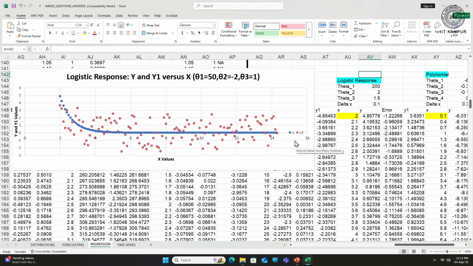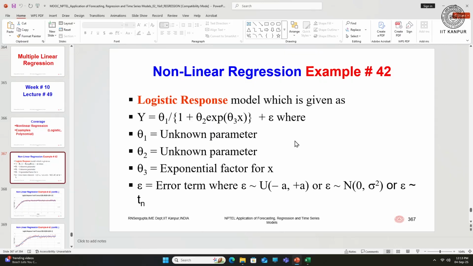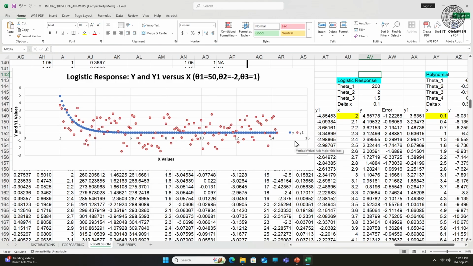In case theta 3 is positive, in the long run the y value will become 0 and the curve will go asymptotically as shown here. That gives you a much better feel for the behavior of the nonlinear regression curve for different values of theta 1, theta 2, theta 3, which in this case is the logistic response model.